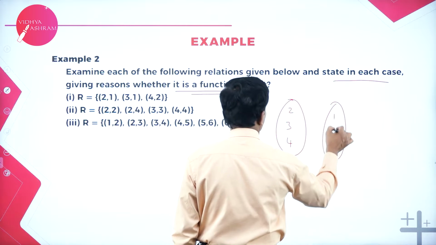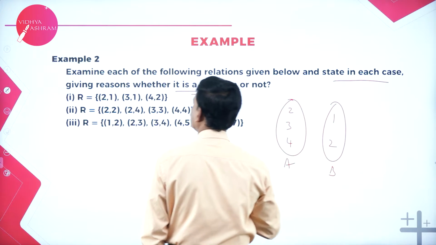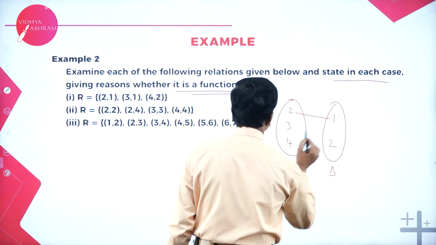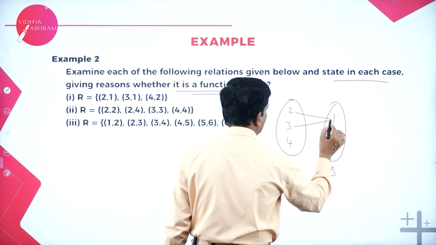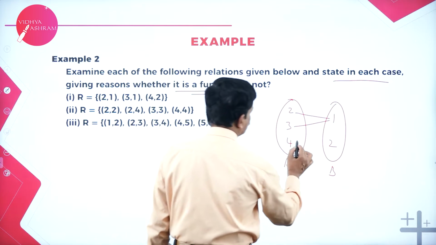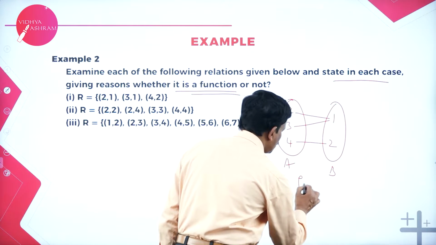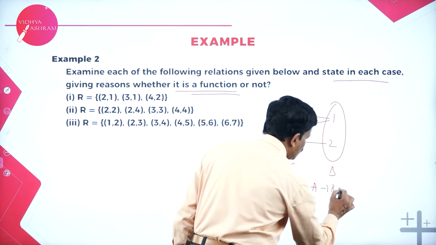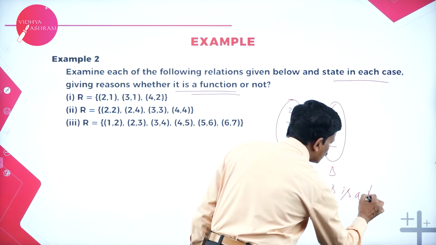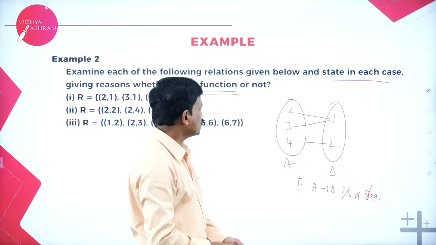Here it is 1 and 2. Now 2 to 1, and again 3 to 1, and again 4 to 2. See here, clearly f from A to B is a function. We can say this is a function. So this is the diagram.